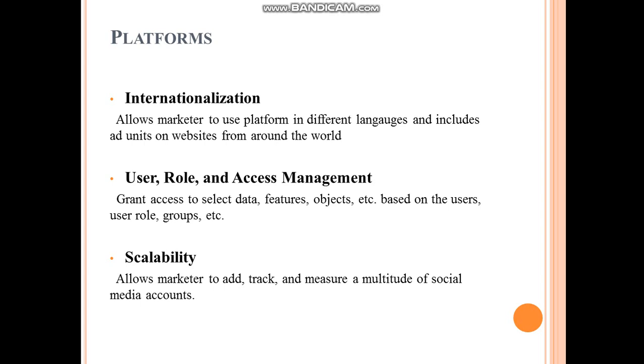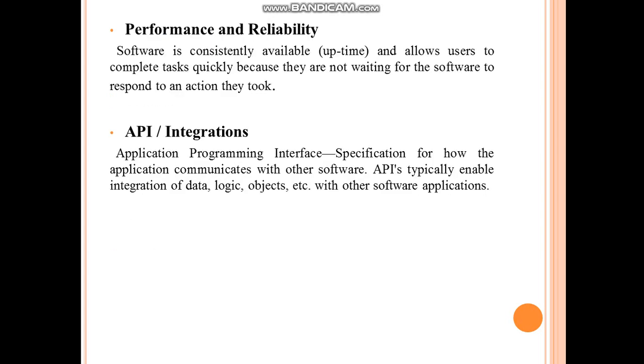Scalability. Scalability means you can increase your resources. So using Quintly, you are able to manage not only one account, you can manage multiple social media accounts. Next one is performance and reliability. The software is consistently available.